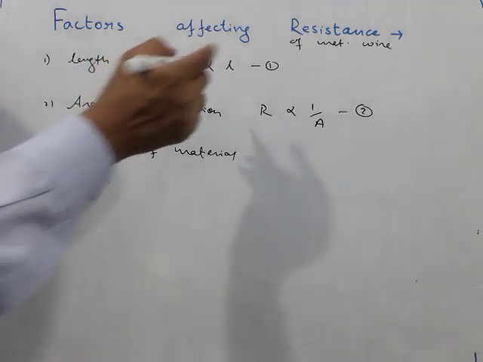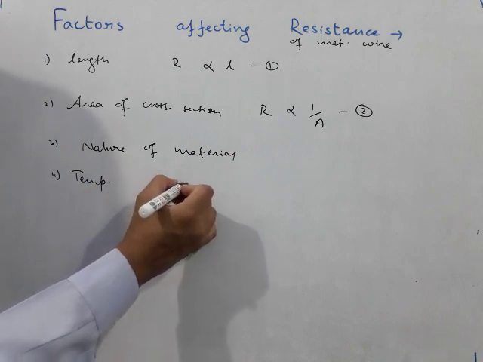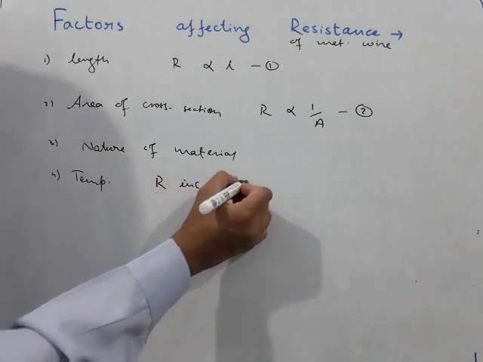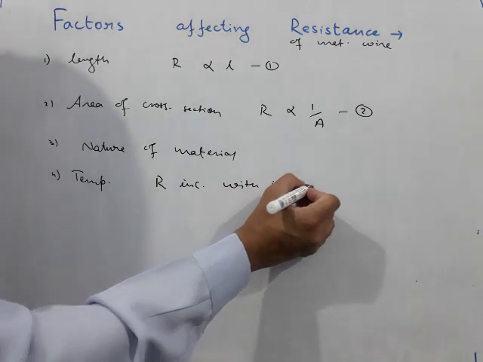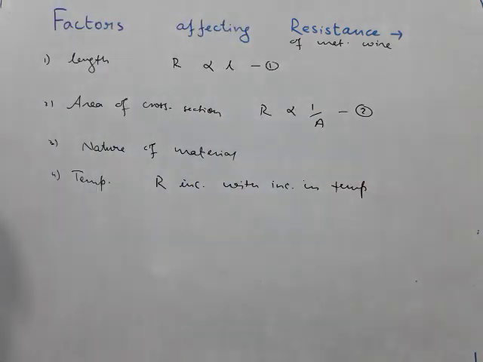And then temperature. For metallic wires, resistance increases with increase in temperature. If you raise the temperature, the resistance will be more, and if you reduce the temperature, the resistance will be less.